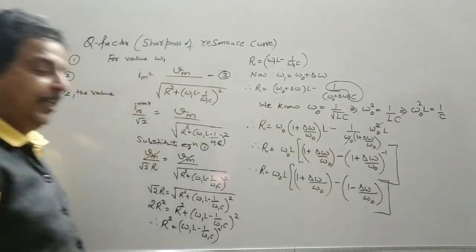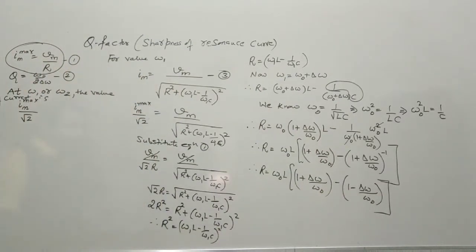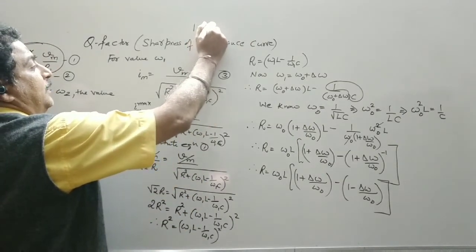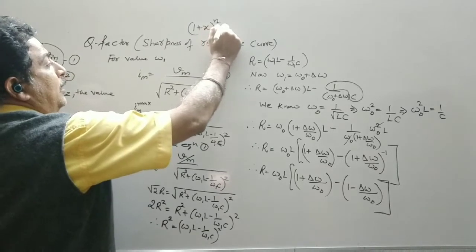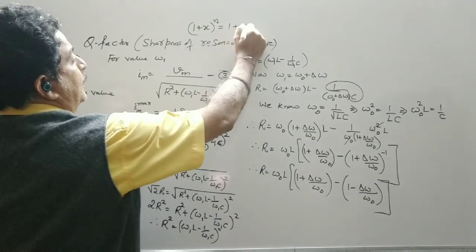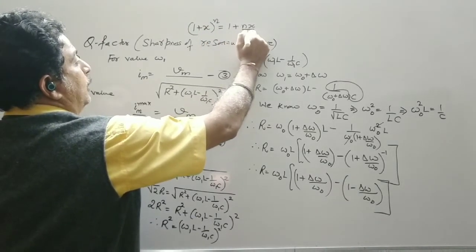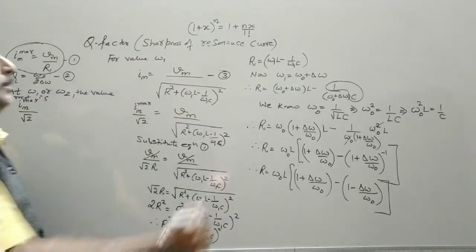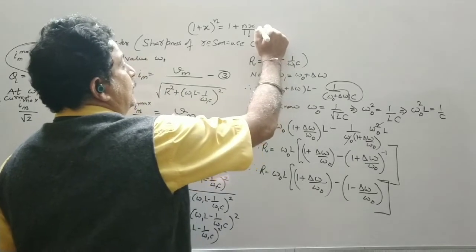Now what we did here is we applied the binomial theorem and neglected the high power terms. So 1 plus x raised to n is equal to 1 plus nx upon 1 factorial. That is the binomial theorem where we have neglected the other terms.